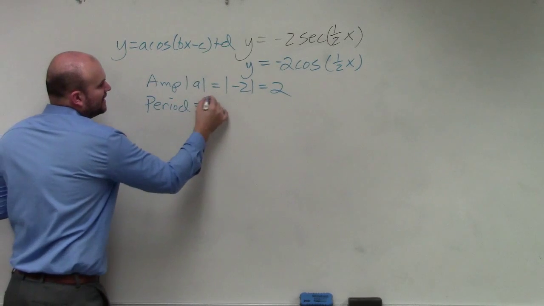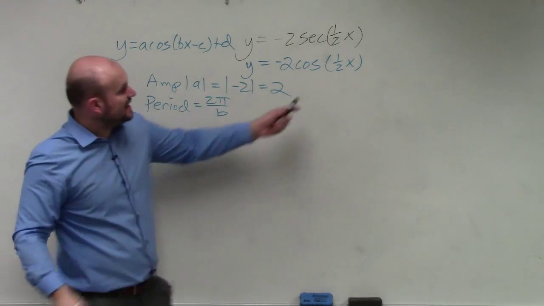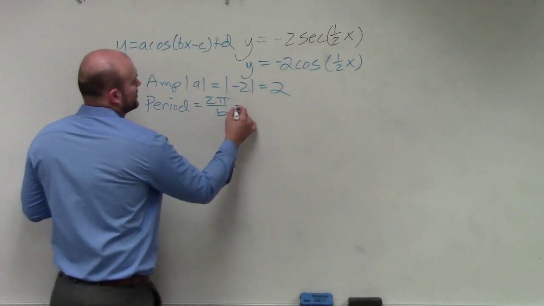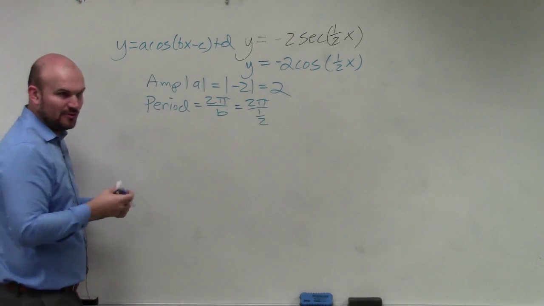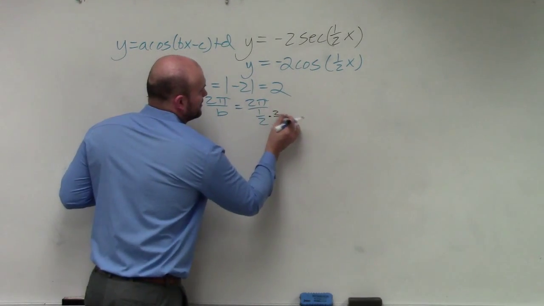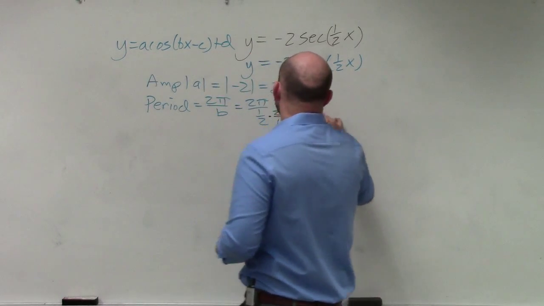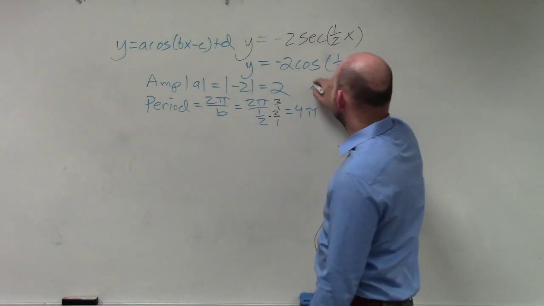The period is 2 pi divided by b. Well, b in this case is what's being multiplied by our x, which is 1/2. So that's 2 pi divided by 1/2. Just like I did before, when you divide by a fraction, multiply by the reciprocal, which gives you 4 pi.